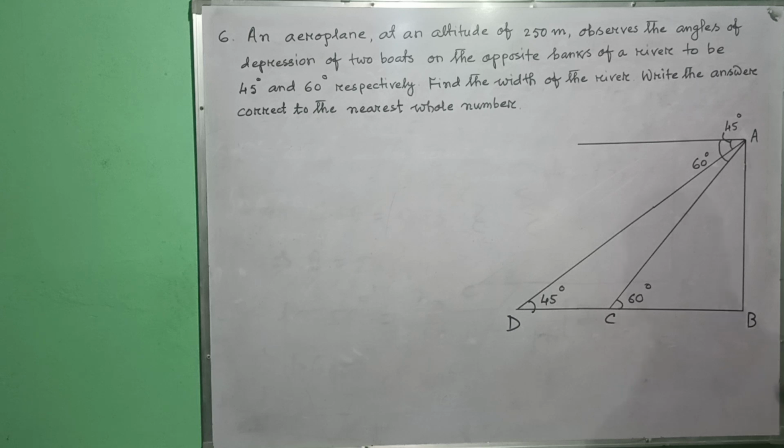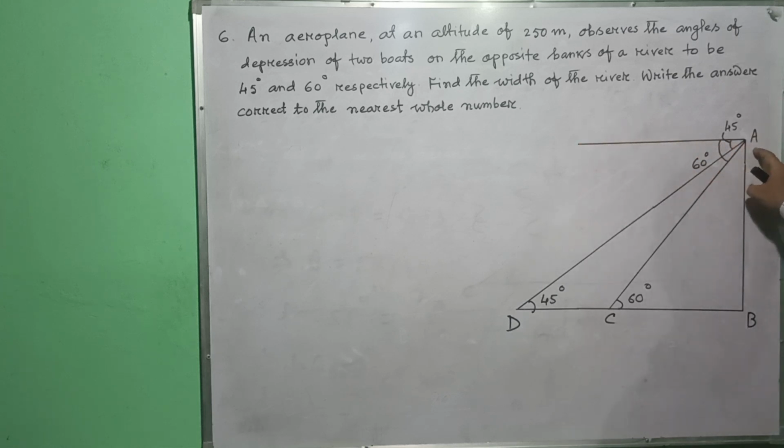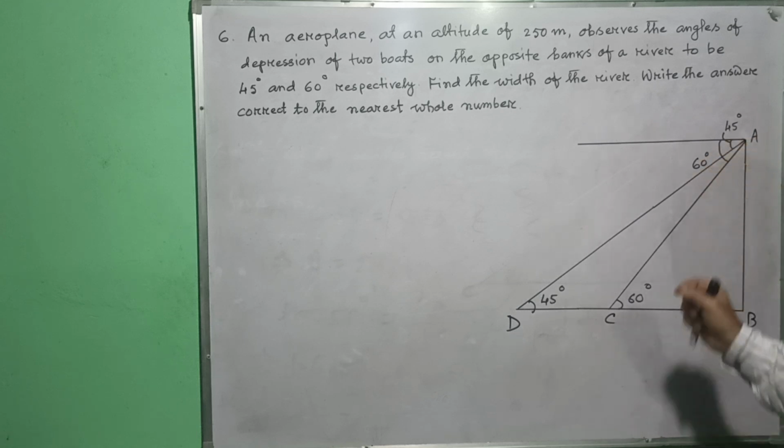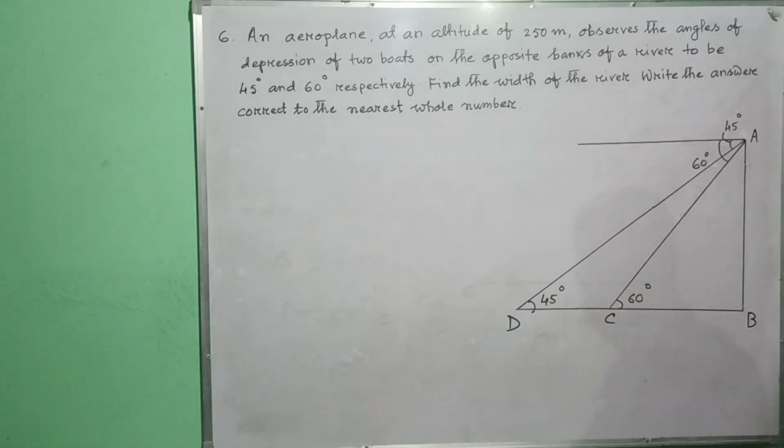As the angle of depression is given, draw a horizontal line from A, and here we write this bigger angle as 60 degree and this smaller angle as 45 degree. These two angles represent the angles of depression.